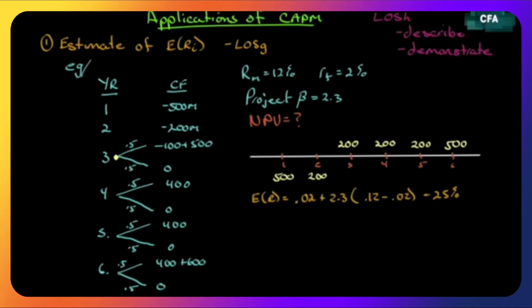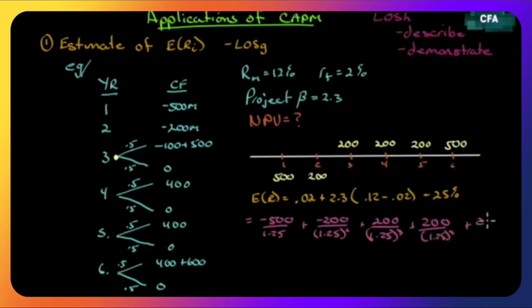Negative 500 divided by 1.25, plus negative 200 over 1.25 squared, plus 200, plus 200 over 1.25 to the 4, plus 200 over 1.25 to the 5, and finally 500 over 1.25 to the 6.